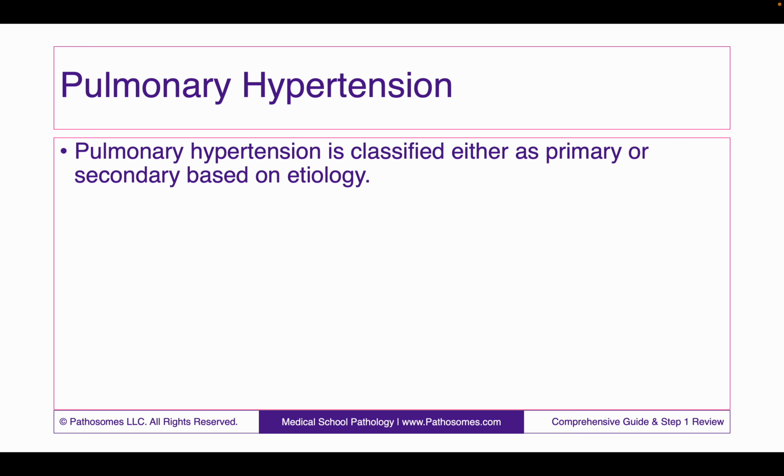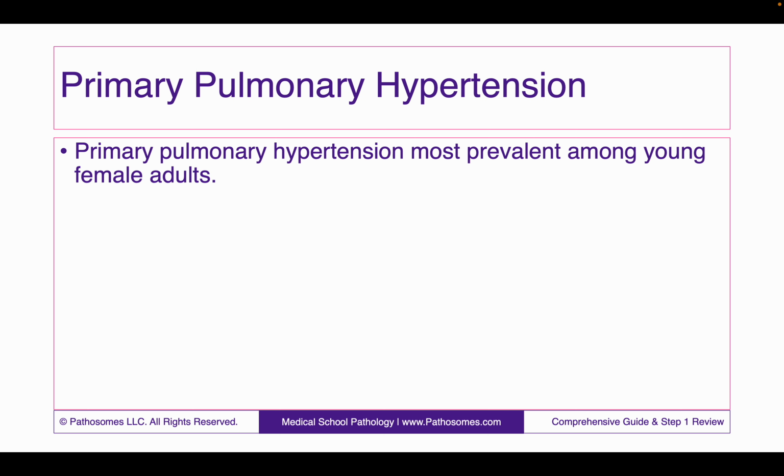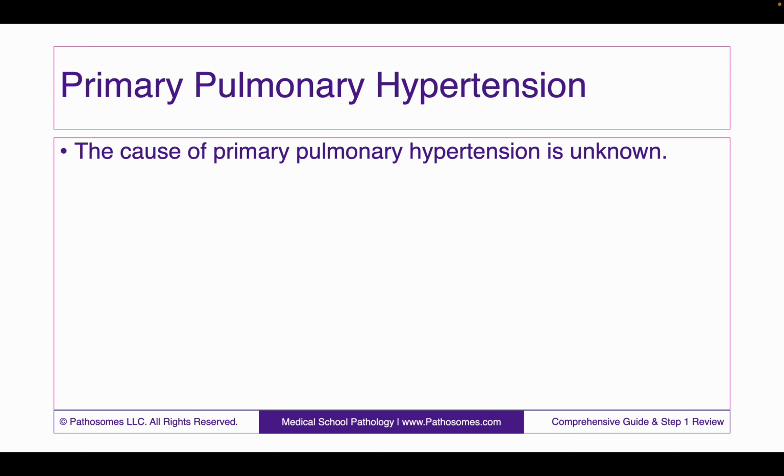Pulmonary hypertension is classified either as primary or secondary based on the main cause. Primary pulmonary hypertension is most prevalent among young female adults. The cause of primary pulmonary hypertension is unknown.